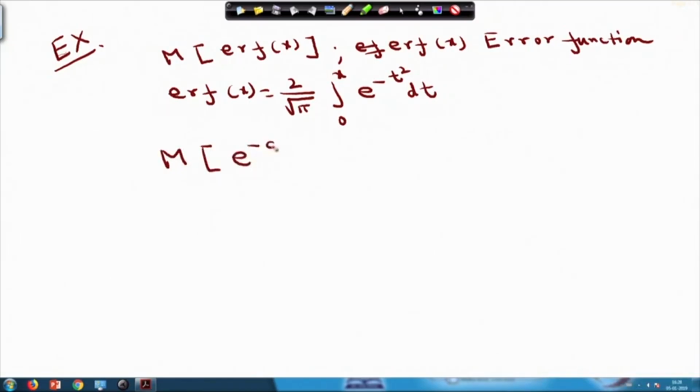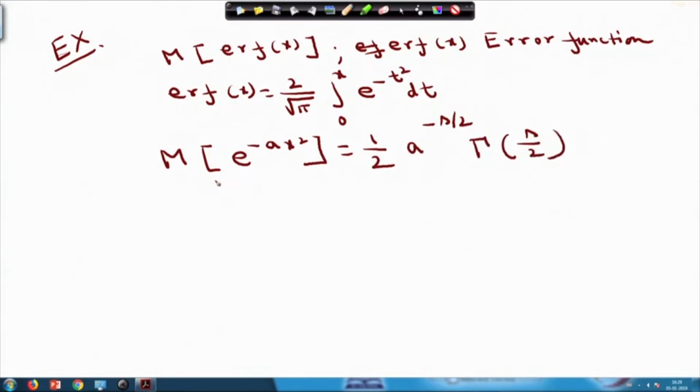If you remember, we know the Mellin transform of e power minus a x square. This we have done earlier, that is half into a to the power minus s by 2 into gamma s by 2.